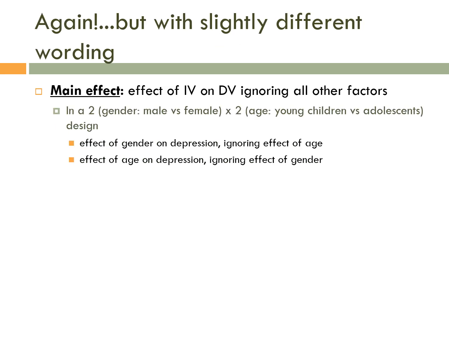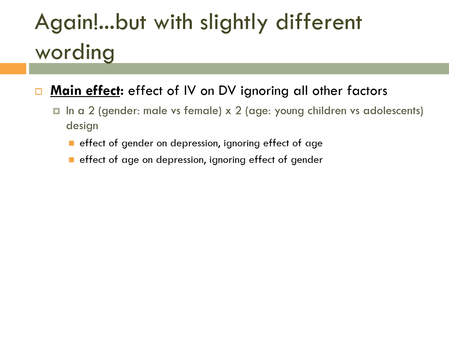So interactions and factorial ANOVA analyses are definitely a complicated phenomenon. And so let's just go over a slightly different wording of these different effects. The main effect is when you have an effect of an independent variable on the dependent variable when you're ignoring all other factors.